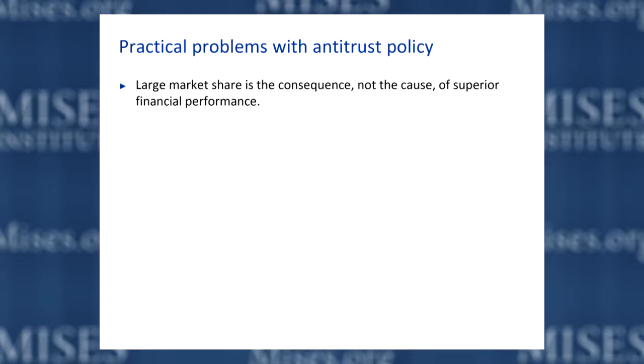So you could have a market in which one firm has all of the sales or a large share, 75% of the sales, not because it engaged in monopolistic practices, not because it engaged in predatory pricing, or because there was some sort of secret cartel agreement, or because the firm has some nefarious way of keeping others out of the market. It may be that the firm is simply more efficient than its rivals, right?